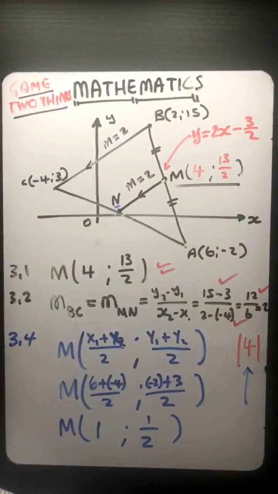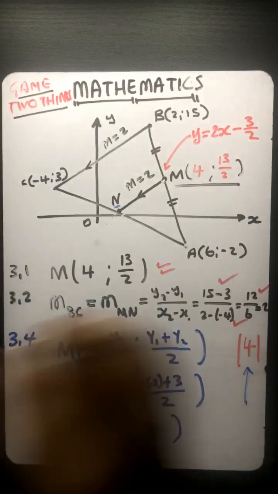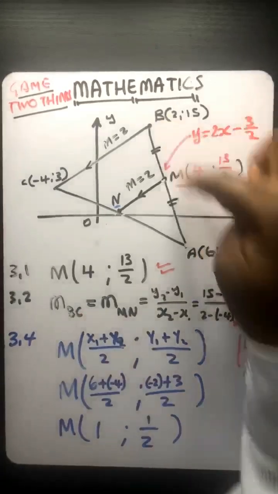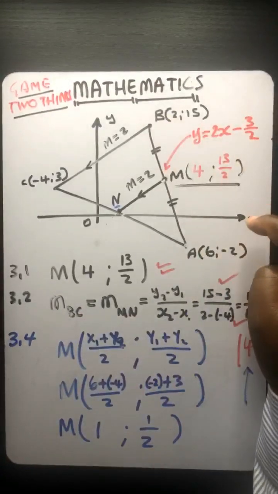It doesn't necessarily mean that it's directed to an honorable member of the opposition party, but you can give it a try. Remember, they had indicated to us that when we were looking for M, it is the midpoint of AB.